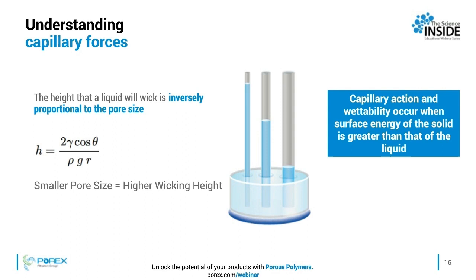As you can see, the smaller the radius of the tube, which means the smaller the porosity, the greater the distance that the liquid will travel. The wider the tube, the less surface energy is available to move the liquid, and hence the less distance it will travel.